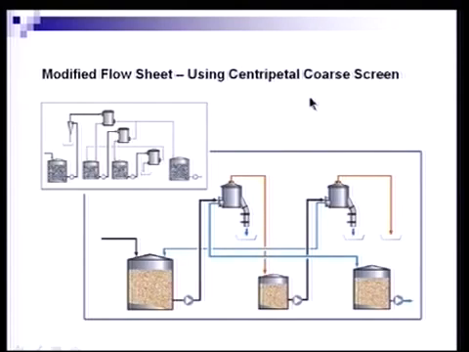In a flow sheet, the impact of using a centripetal screen might look like this, where in an old system using centrifugal screens, you'd have a high density cleaner and 2, maybe 3 stages of centrifugal screens. When you're using a centripetal screen, you can eliminate the high density cleaner and all its associated piping costs, pumping costs, and maintenance costs, and you can go directly to these centripetal screens, which then act as both the high density cleaner and the coarse screen together.